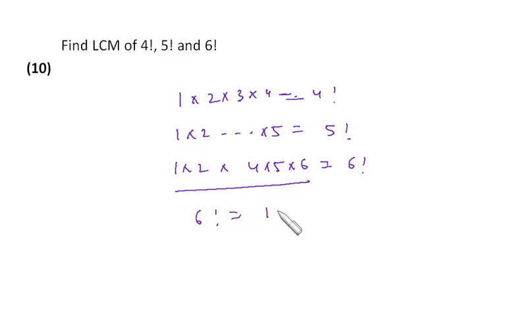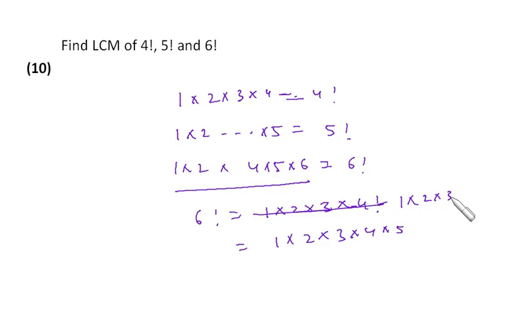6 factorial can be written as 1 into 2 into 3 into 4 into 5 into 6.